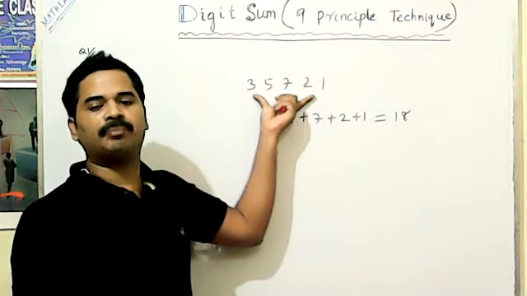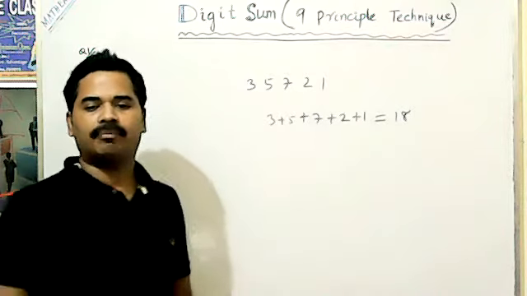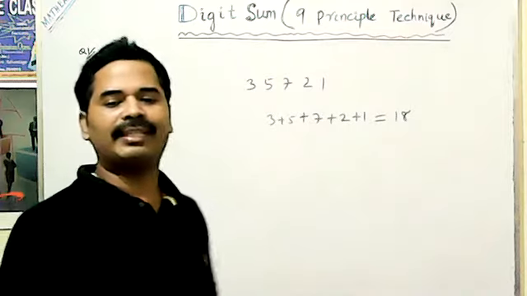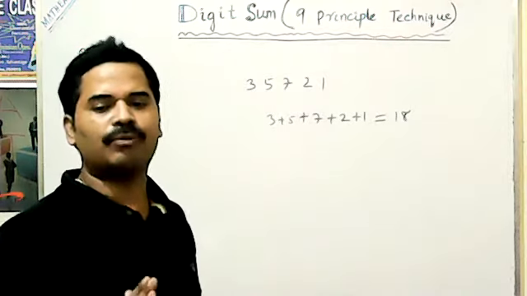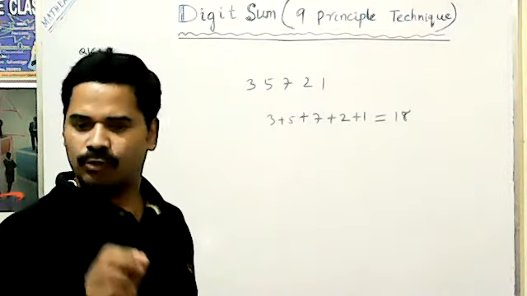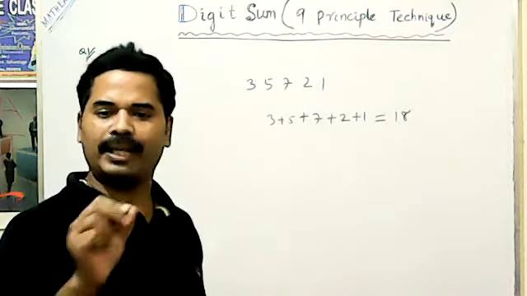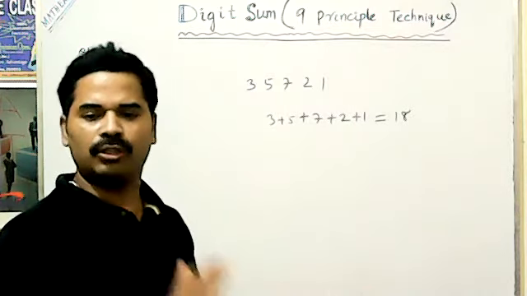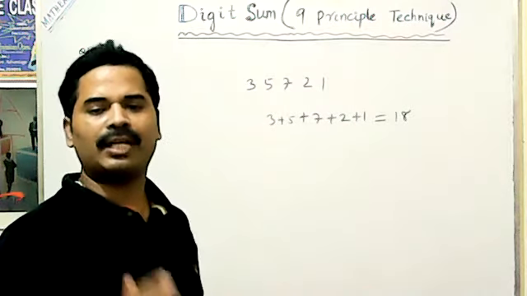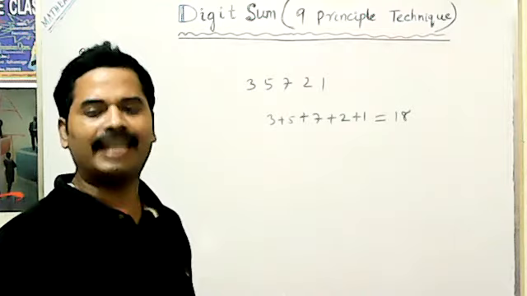By using the 9 principle technique, we can solve many questions very easily, and the calculation process is very fast. The 11 principle works similarly. Today we discuss the 9 principle, or digit sum technique.